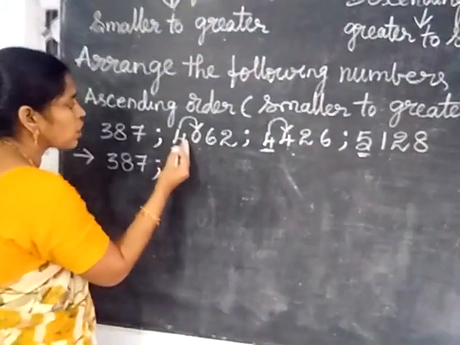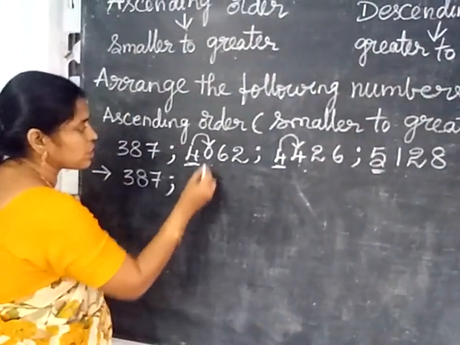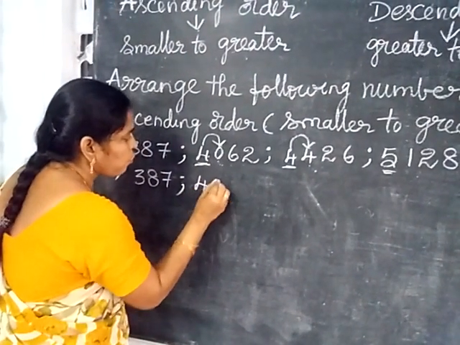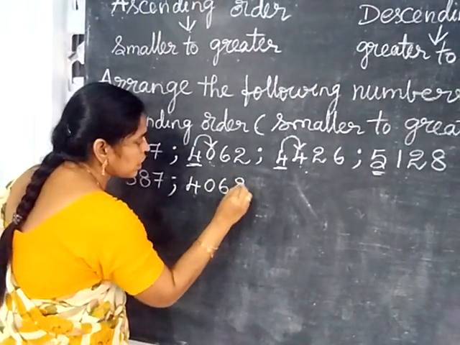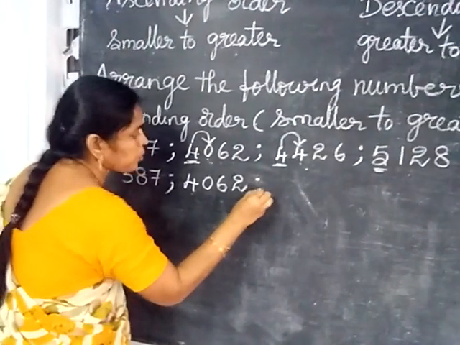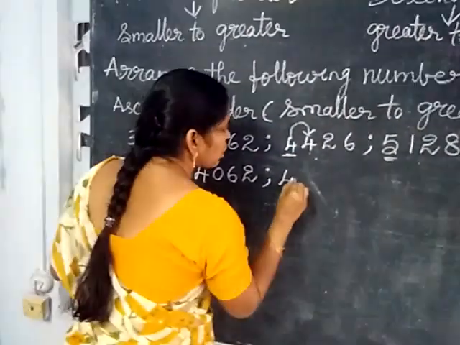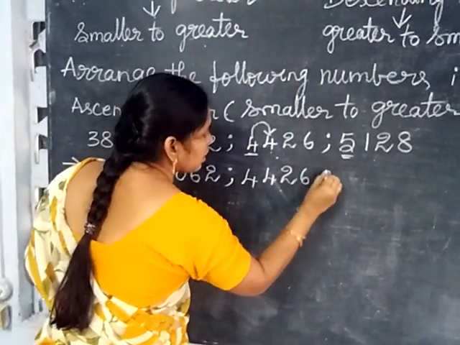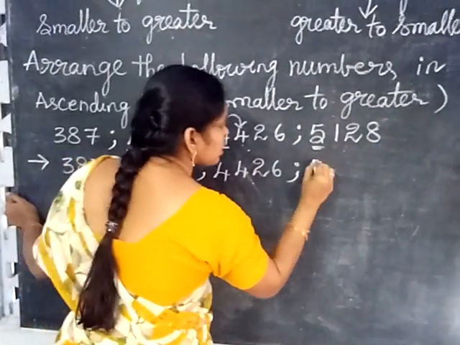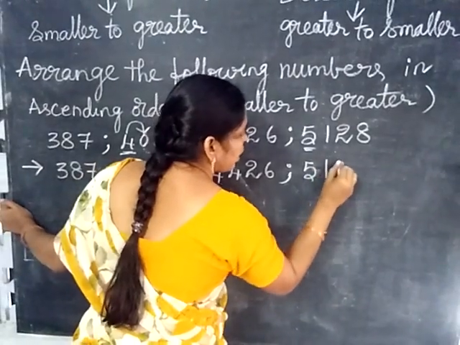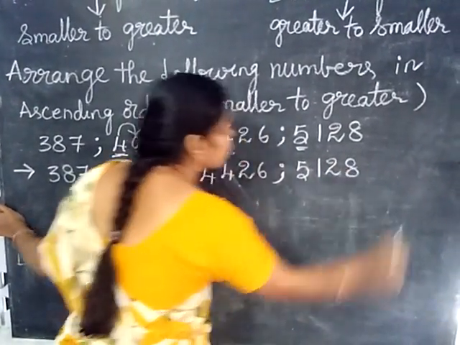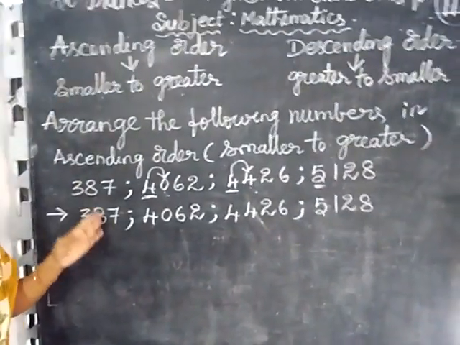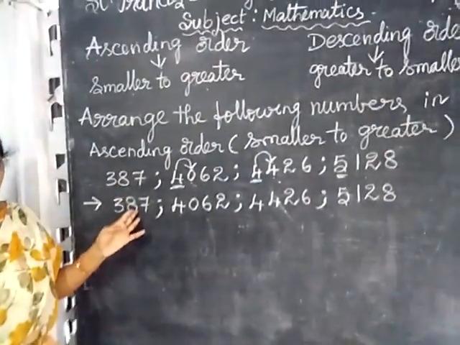Yes, 4062 is the smaller one, because 0 is smaller. So, this is the smaller number, 4062. Then you write 4426. Then the greatest number is 5128. So the given set is in ascending order.